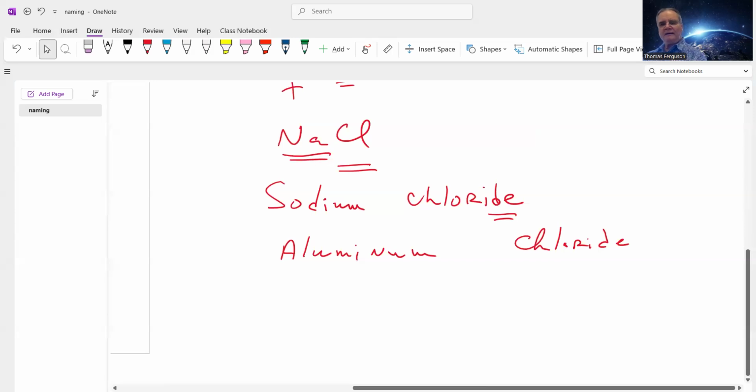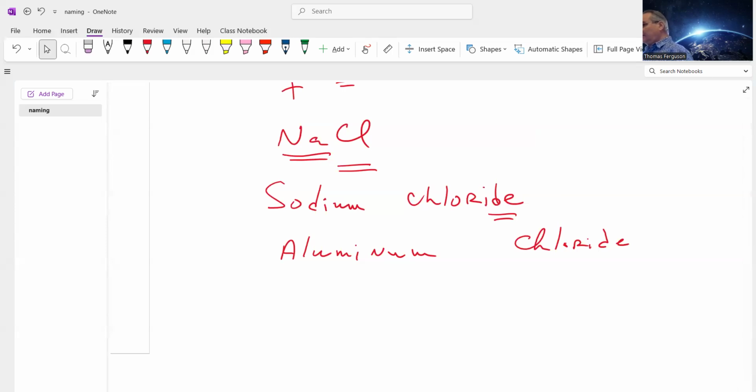So aluminum chloride is not net zero charge. So we have to do something about that. All right, so aluminum is a +3. Chloride is a -1. So how many -1s do we need to balance the +3? 3. That means it's going to be Al, one of those, and 3 chlorides. So the formula for aluminum chloride is AlCl3. Zero net charge.